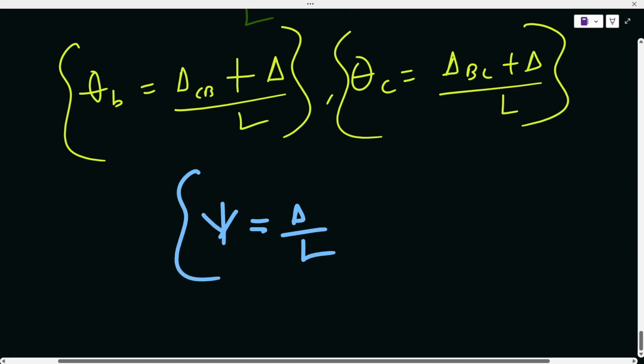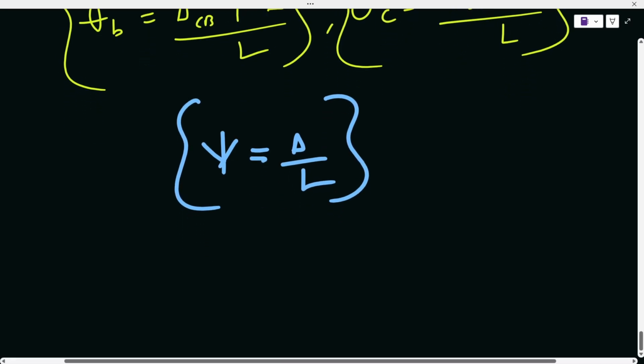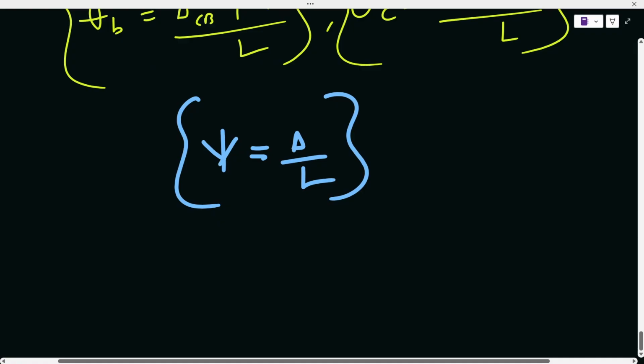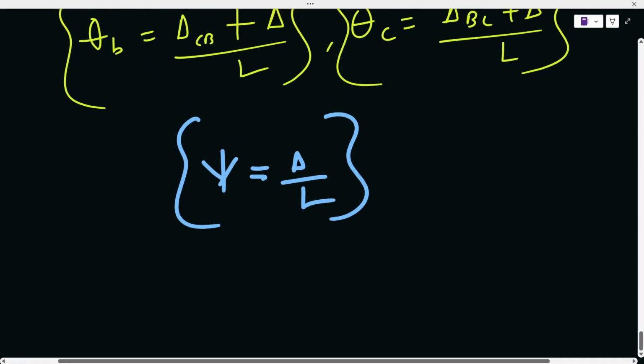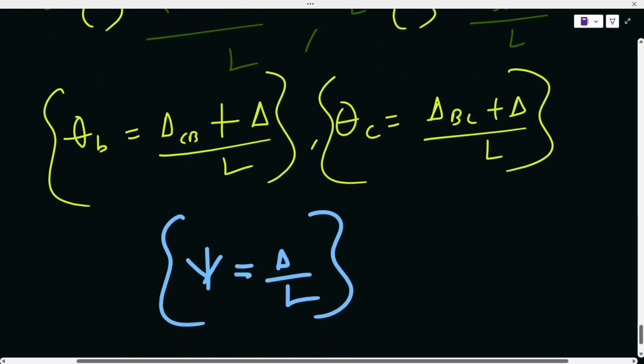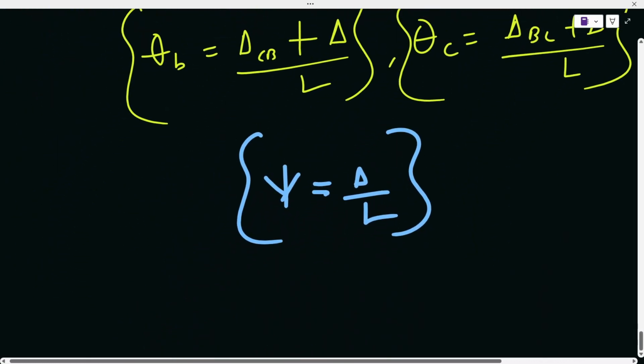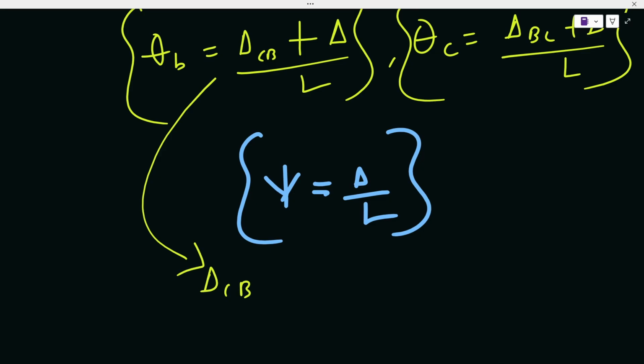So I have three foundational equations now. These are the foundational equations, I won't lie to you, but let's build on them. From this one, I can say delta CB plus delta is equal to this.